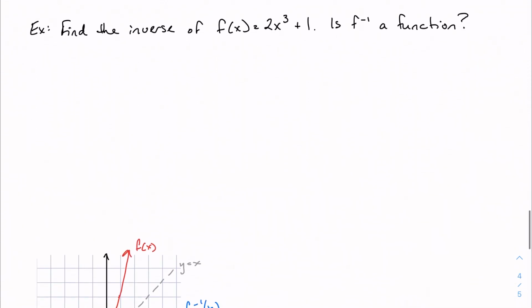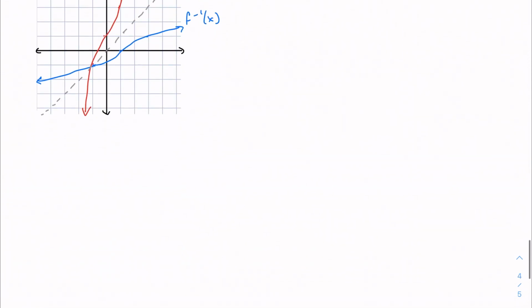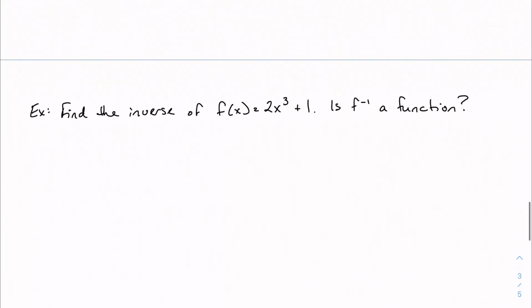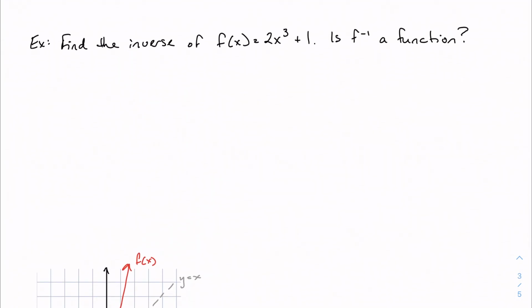So I believe this is my last example. I want to find the inverse of this function and determine if the inverse itself is also a function. So let's try it. Same steps as always: interchange or switch f of x out for y, switch their places, and solve.